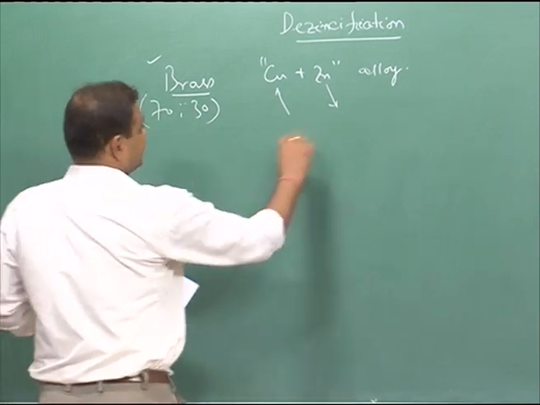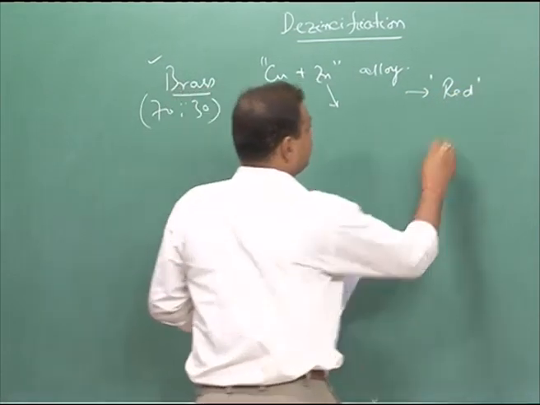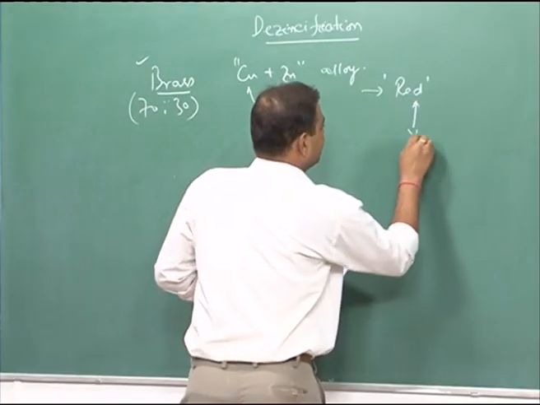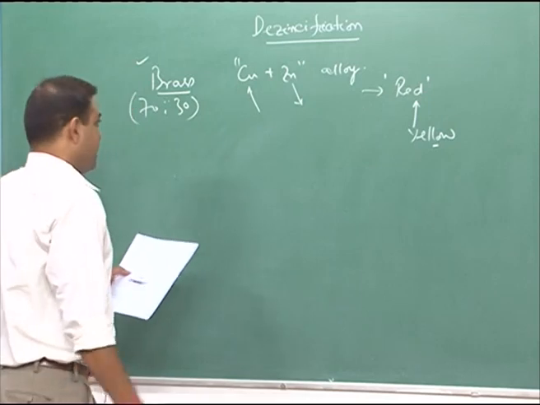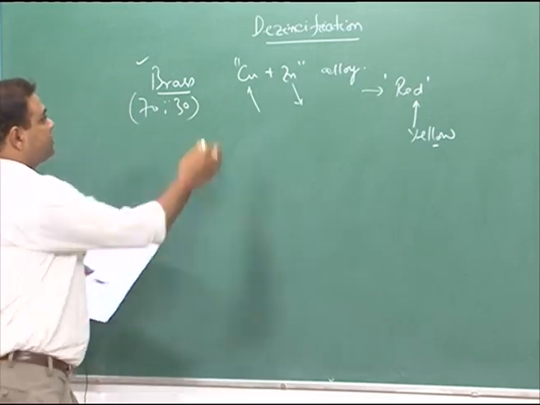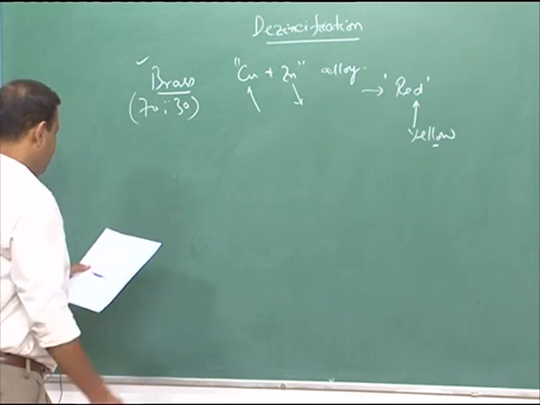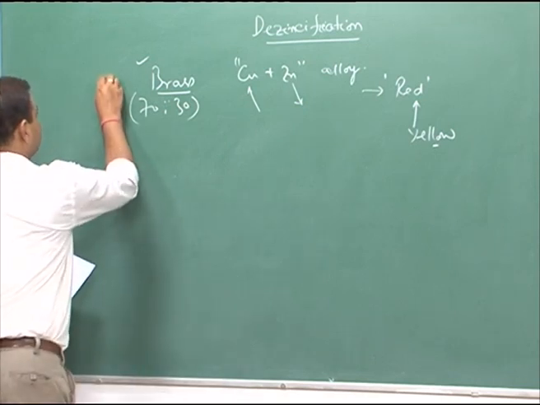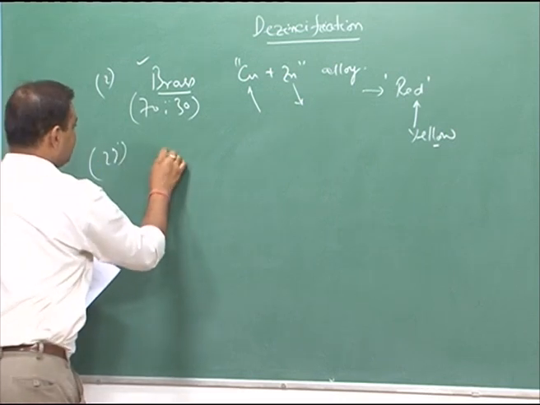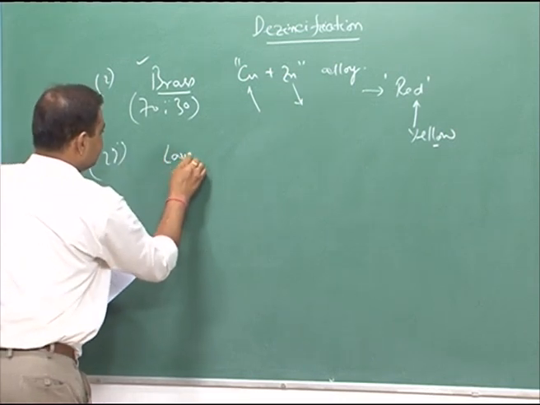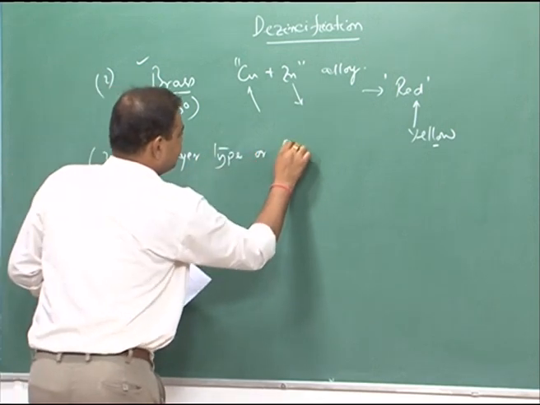Now, this becomes red colored from yellow color due to de-zincification, and this red color is because the copper enrichment happens on the surface. Then there could be two types of de-zincification. One is layer type or plug type.